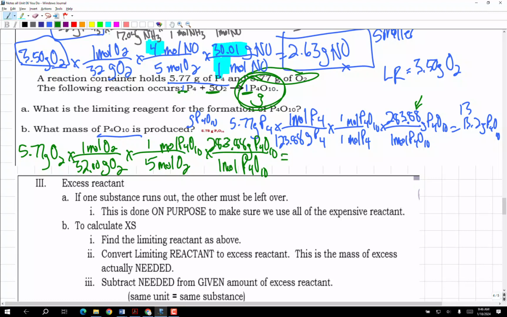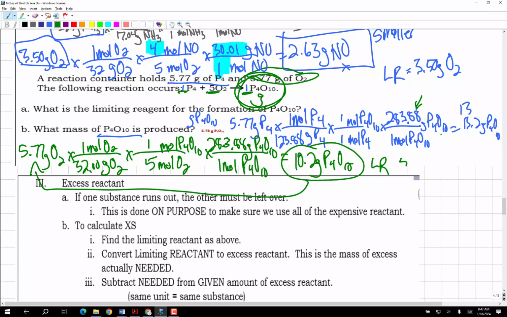Let's get an answer. 5.77 divided by 32 divided by 5 times 283.88 is 10.2 grams P4O10. So how much is really formed? 13.2 or 10.2. This much is really formed. Okay? And that means my limiting reactant is the reactant that gave me that, the 5.77 of O2. And really, O2 is my limiting reactant.